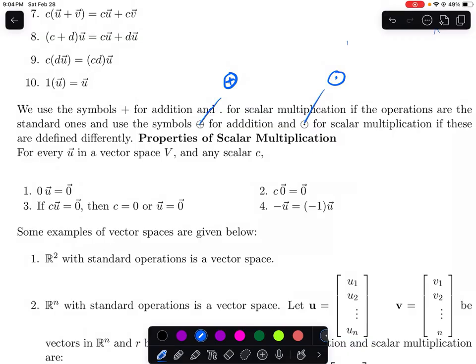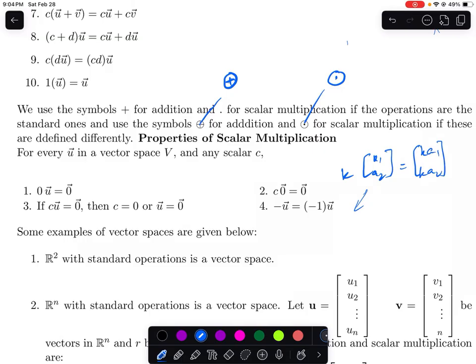Remember, if you have a vector a1, a2 and you multiply by k, you get ka1, ka2. So you get a vector which is still the same type of vector. The size is the same, so it should be in the set from where this vector is coming.